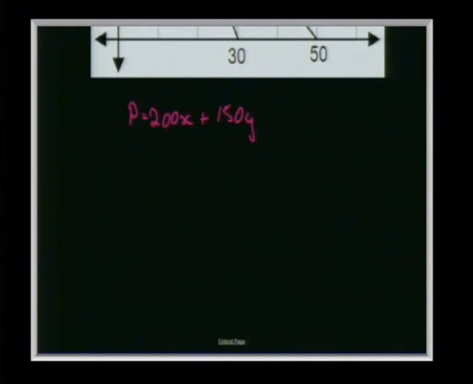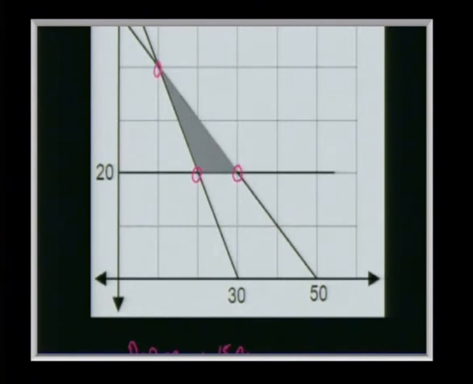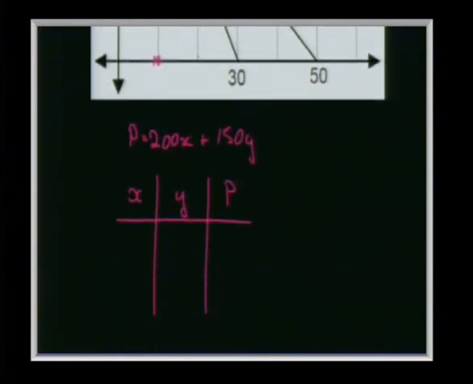And we're going to make a little table. We've got our X values, our Y values, and our profit values. Let's have a look at the vertices of our feasible region. Well, 10, 20, 30, yes. So that's 10. This point over here will be the point 10, 40. So the first one in, x is 10, y is 40.